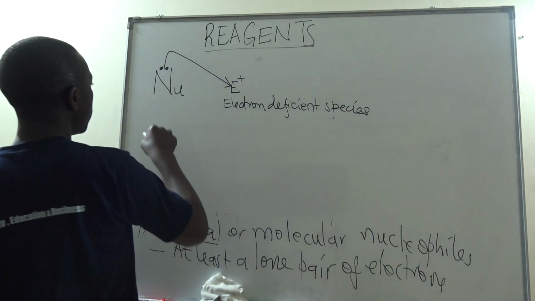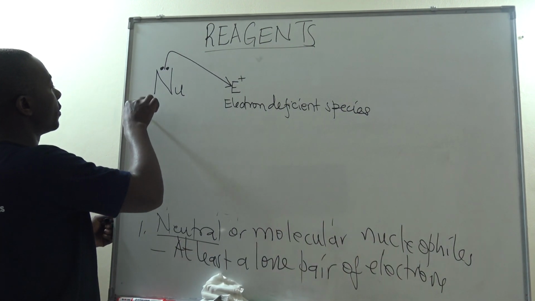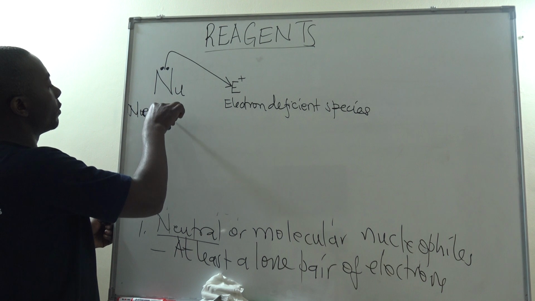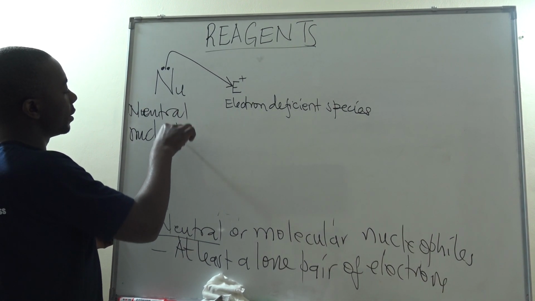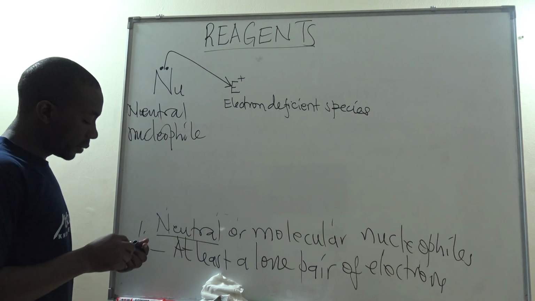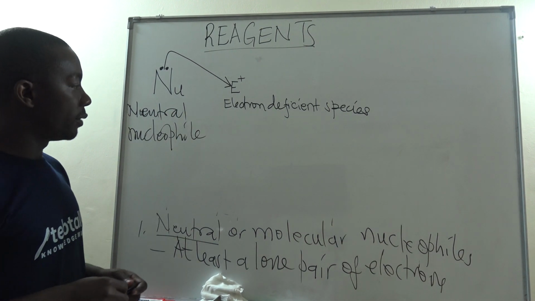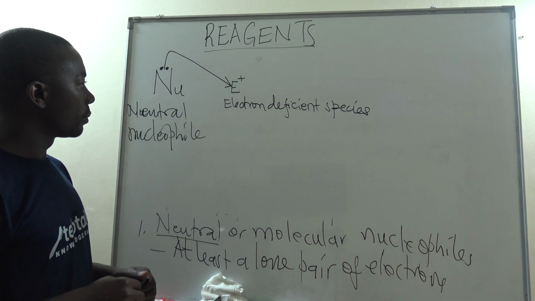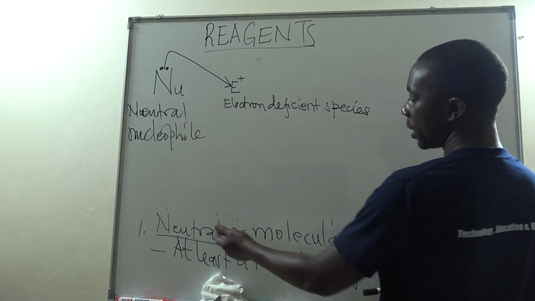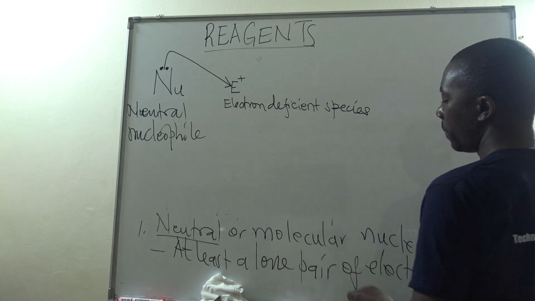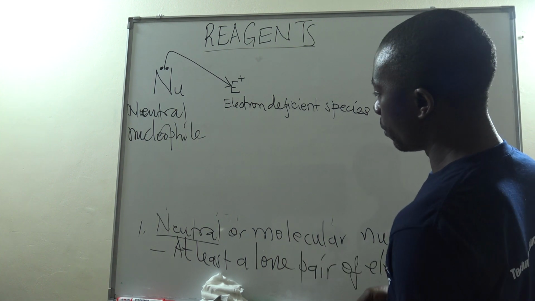So now this is just representing a nucleophile, and I'm saying that this is my neutral nucleophile. They will always react by donating electrons to electron deficient species. Then we need to look at examples of these nucleophiles that are neutral, or simply called molecular nucleophiles.